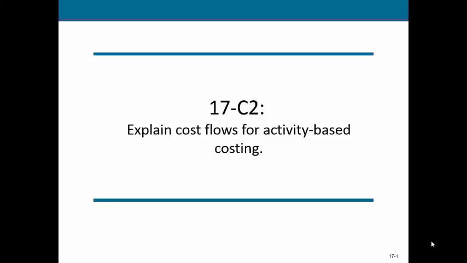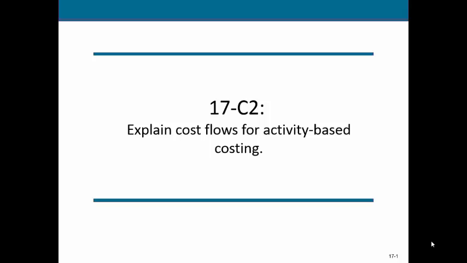In activity-based costing, again, the math is very much the same as what we were doing when we had a single plant-wide overhead rate, and then the same as when we had departmental overhead rates. The only difference is, in the previous example, we went from the plant-wide overhead rate to then the departmental rate where we had two departments, and we had to come up with an allocation rate for each of the departments.